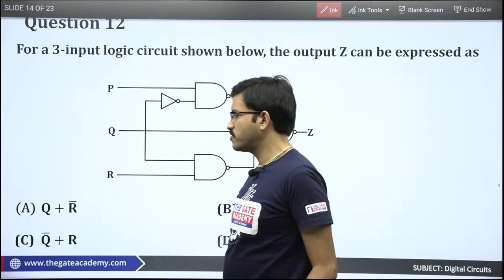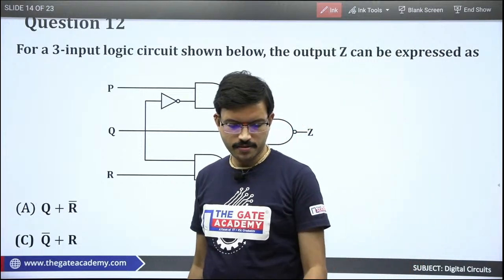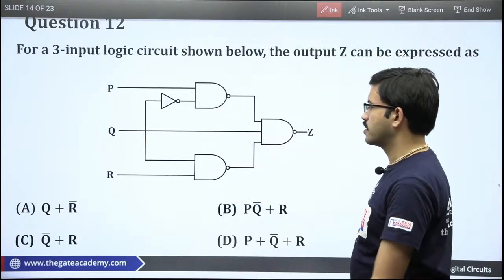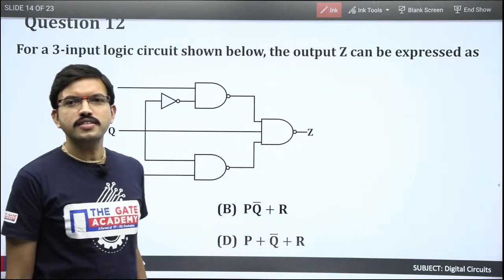Try to get the option you are getting, just mention. Yeah, Meghna, you almost came closer to the answer.